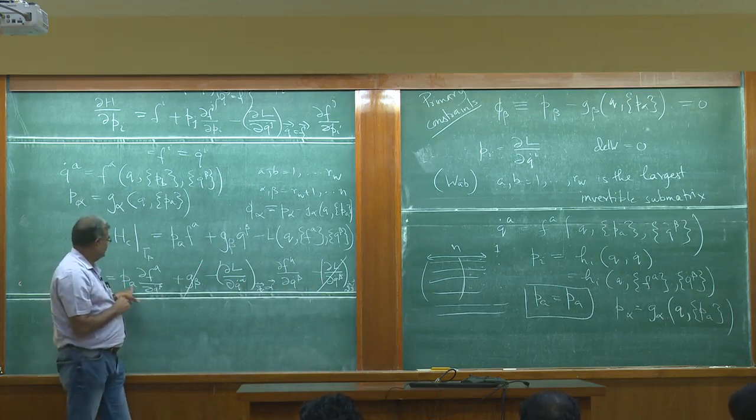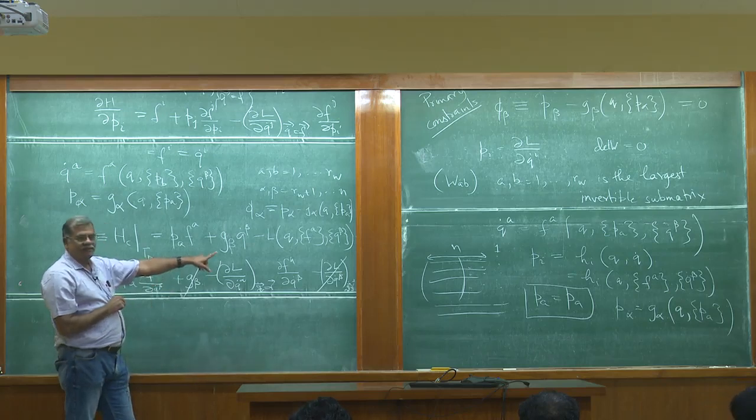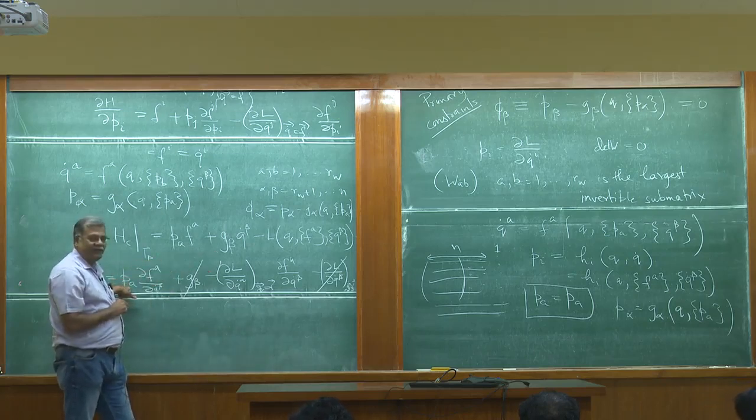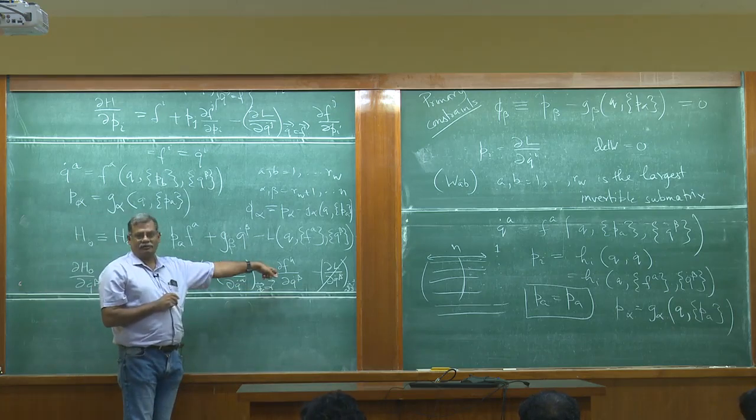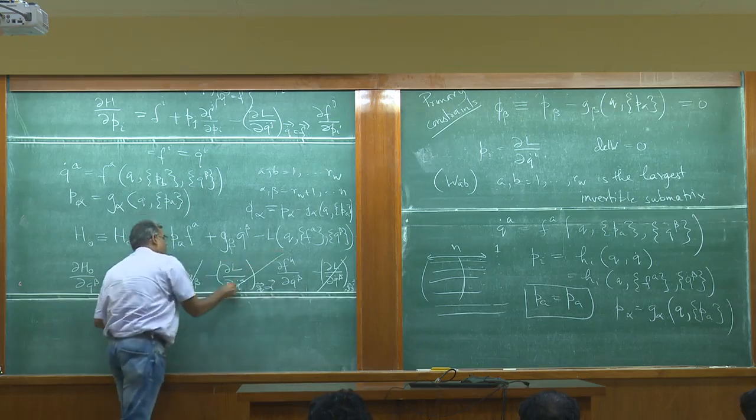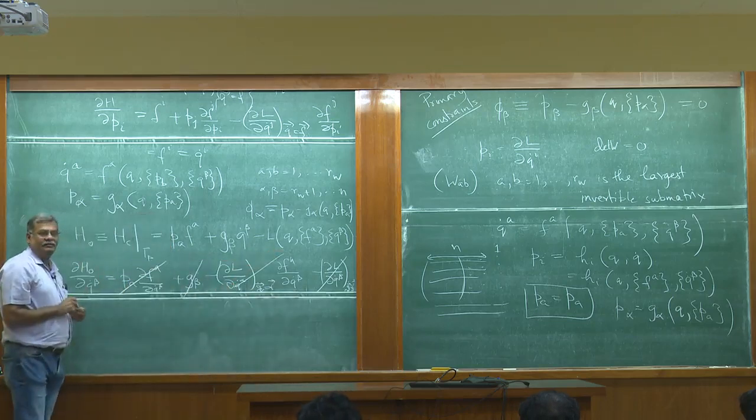What about this? Del FA del q dot beta is there in both terms, and the thing multiplying it, contracting with that, is PA here, del L del q dot A here. Again, after that you are going to do the substitution, but that also is exactly the same as this.